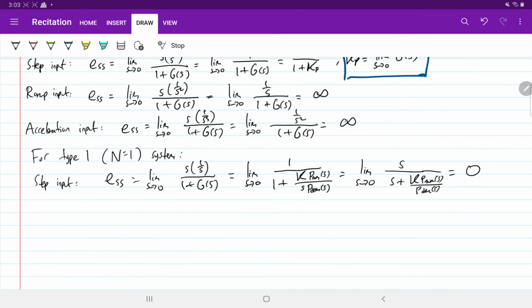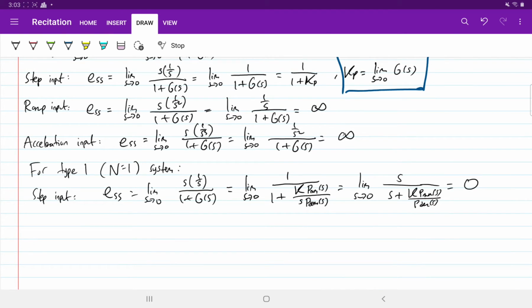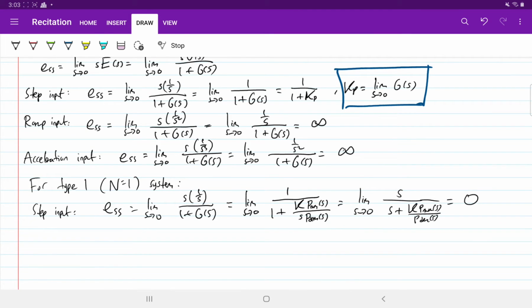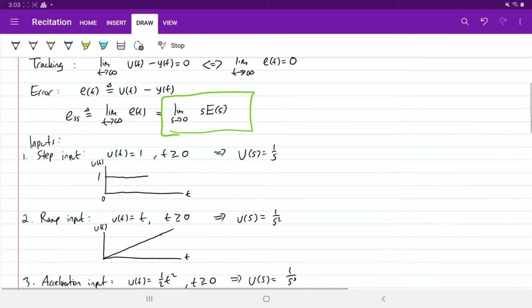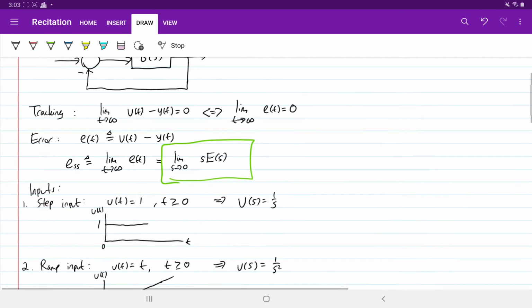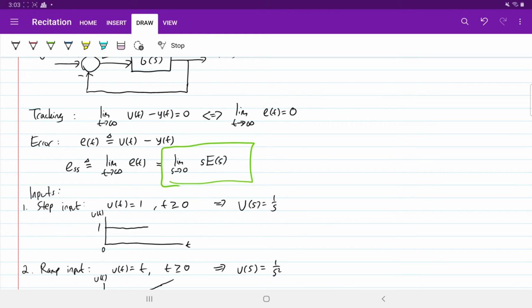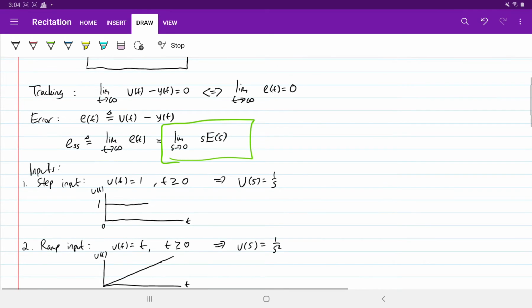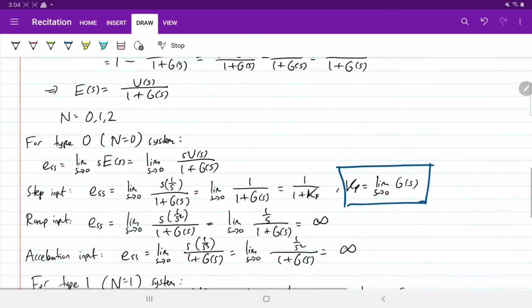So it's telling us that for a type 1 system, if we are giving it a step input and the closed loop system with unity gain feedback, it can give us an almost perfect tracking because the input can match the output.